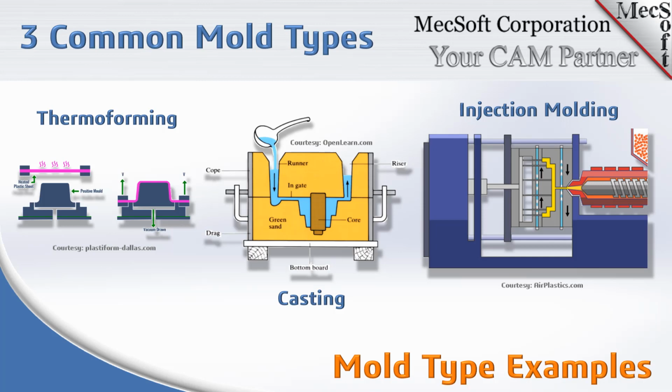So in the middle, we move from thermoforming to casting. In casting, you need to machine a blank in order to create the cavities. It's a different way of doing it than injection molding, where you're just shooting plastic into a core and cavity. In casting, you are actually molding the cavities from a blank.